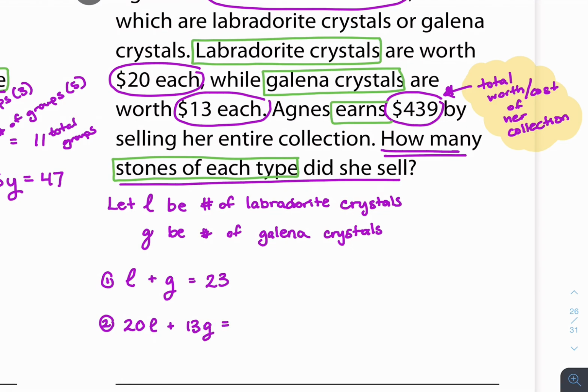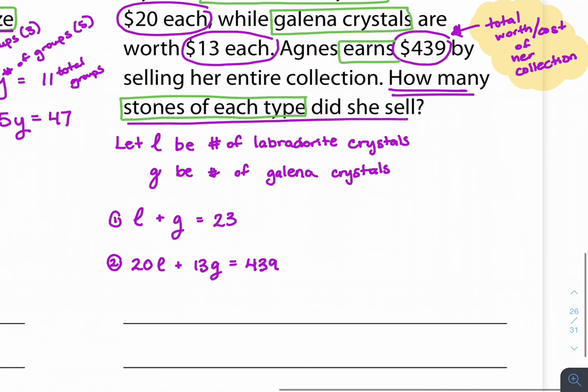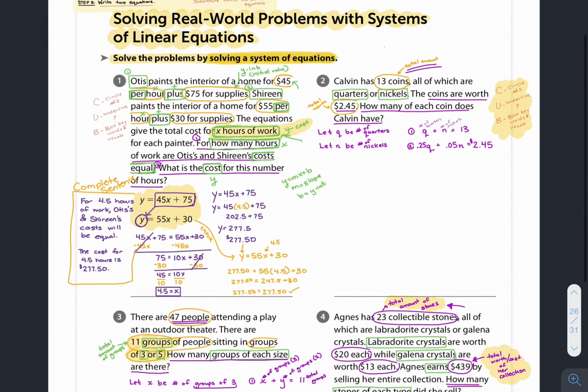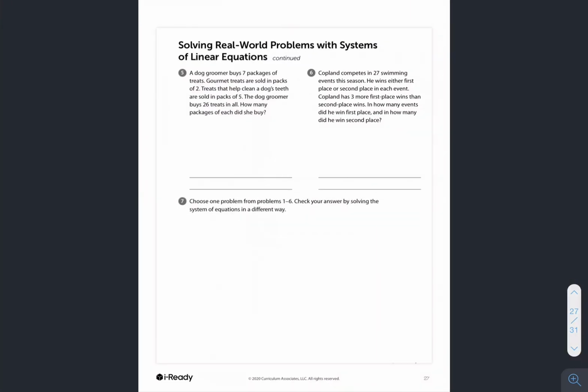And that equals all the money she earned by selling them, which is $439. Alright, and there are our two equations. And again, as I said before, you get to choose whether you want to solve this by substitution or elimination. Alright, so let's go on to question number 5.